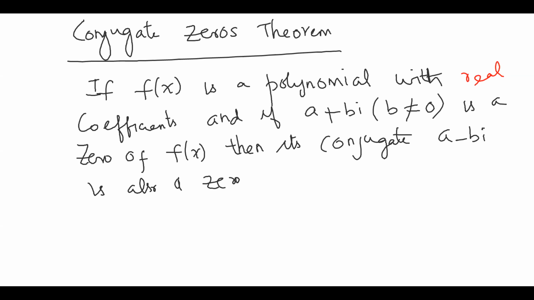So whenever you get a complex number as a 0, then its conjugate is also going to be a 0. That is what this conjugate zeros theorem says. So we are going to apply this theorem for the next problem, number 4.